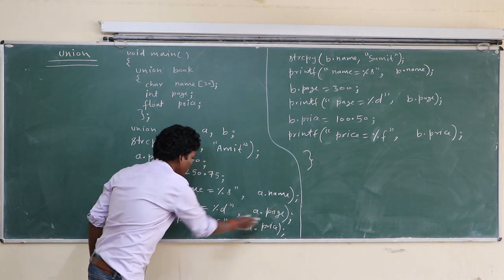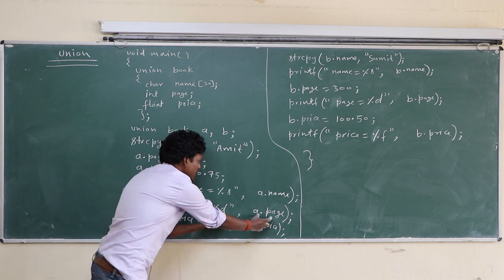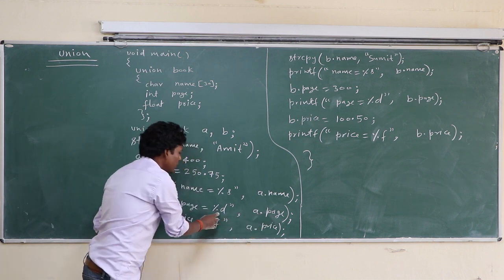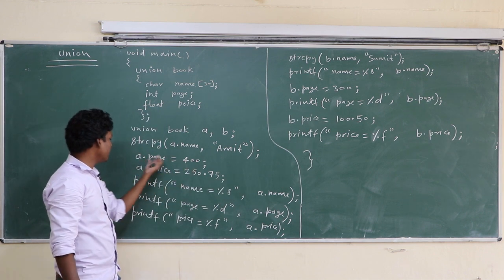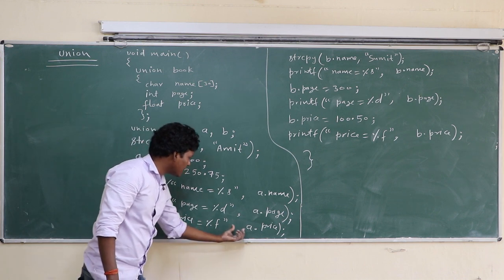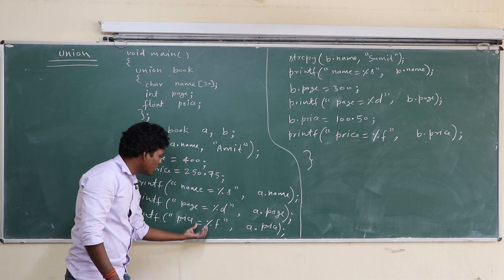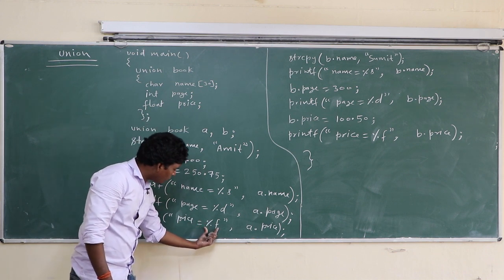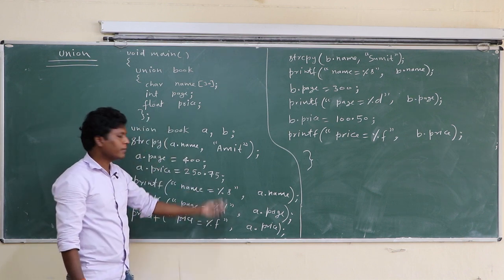So 400 should print here. A dot page has 400 value. Printf price equal to %f a dot price. In place of %f, this will be printed, and this has value 250.75.